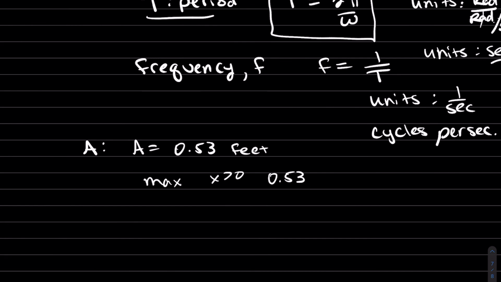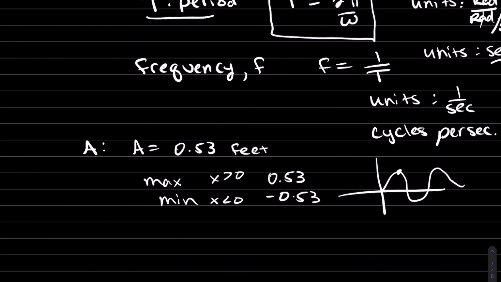And our minimum when x is less than 0 is going to be negative 0.53. That's what, when you're graphing a sine, no matter what the max is, your amplitude, your negative A, right? It's the height.